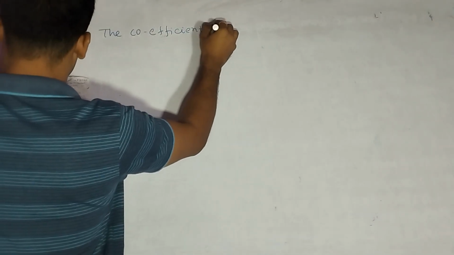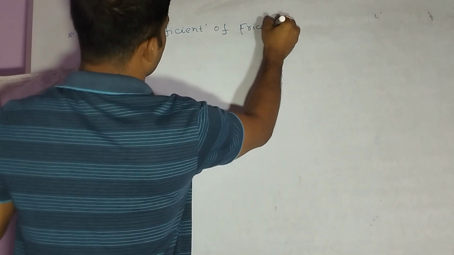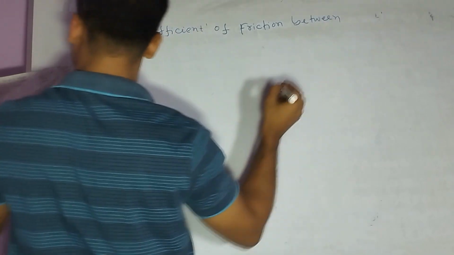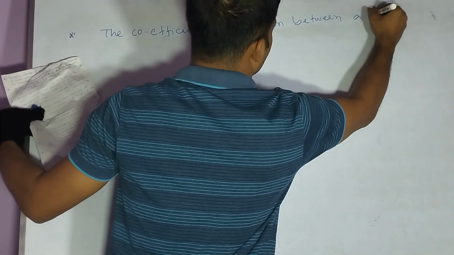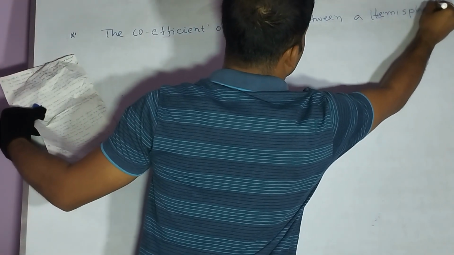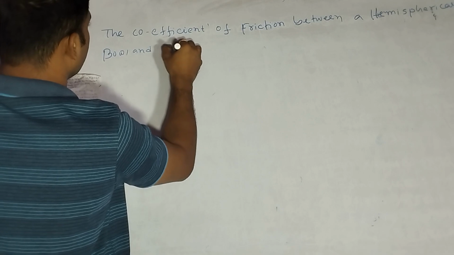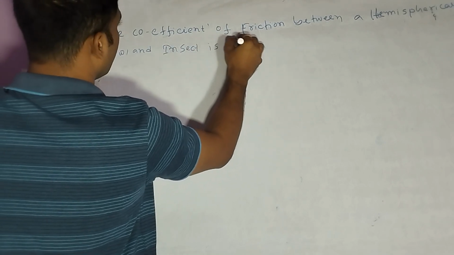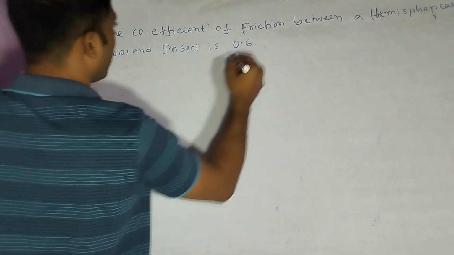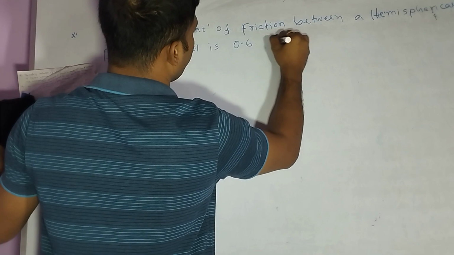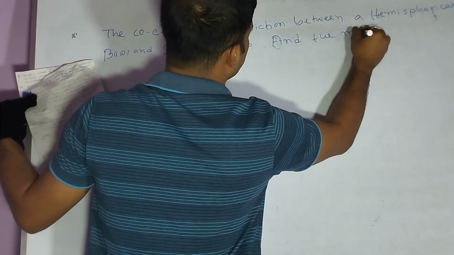The question is: the coefficient of friction between a hemispherical bowl and an insect is 0.6.